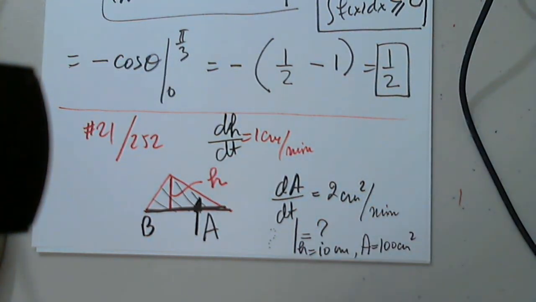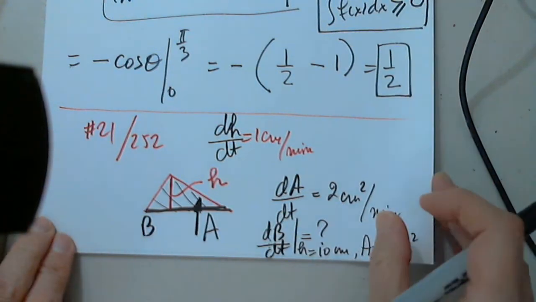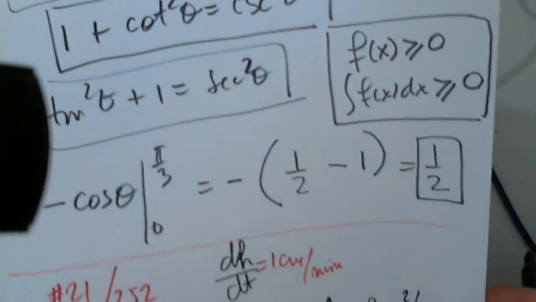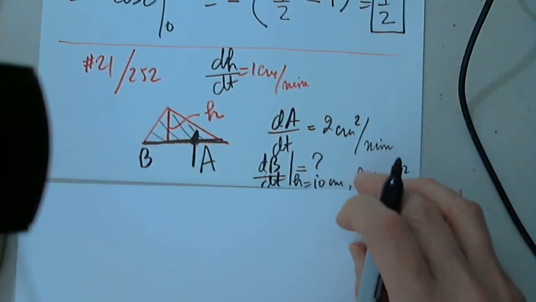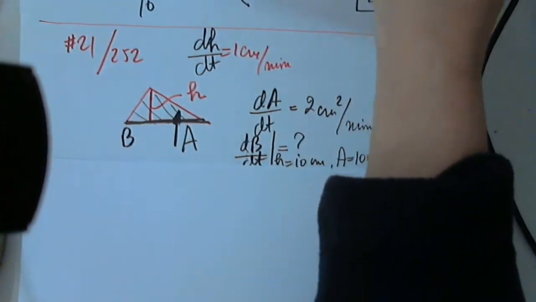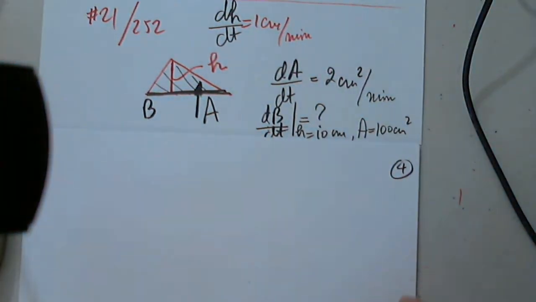But it says find the rate, the rate at which the base is changing when the height is 10 and the area is 100. dB over dt. Related rates. Excellent. And we have a relationship between the area, the base, and the height. What is the relationship among these three?